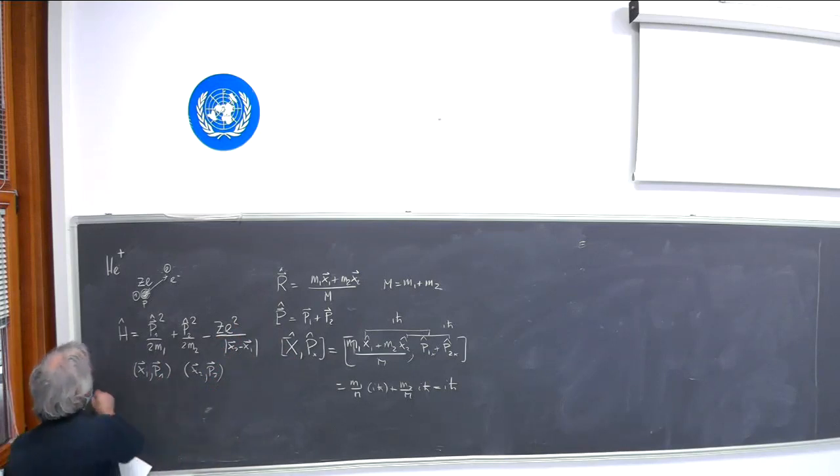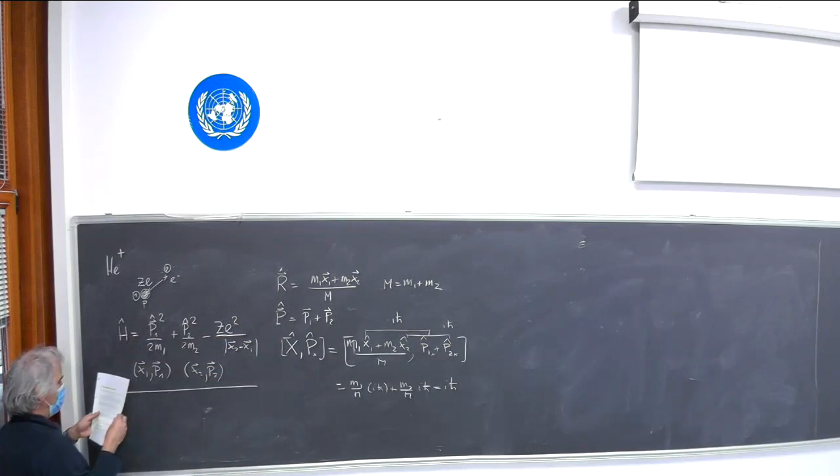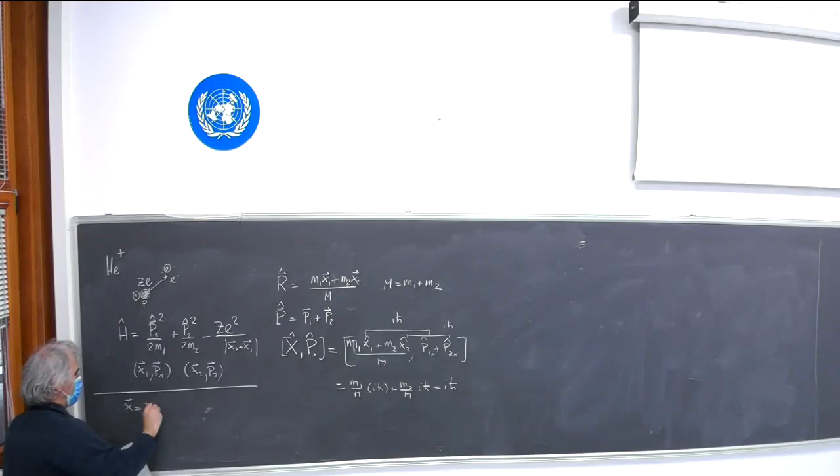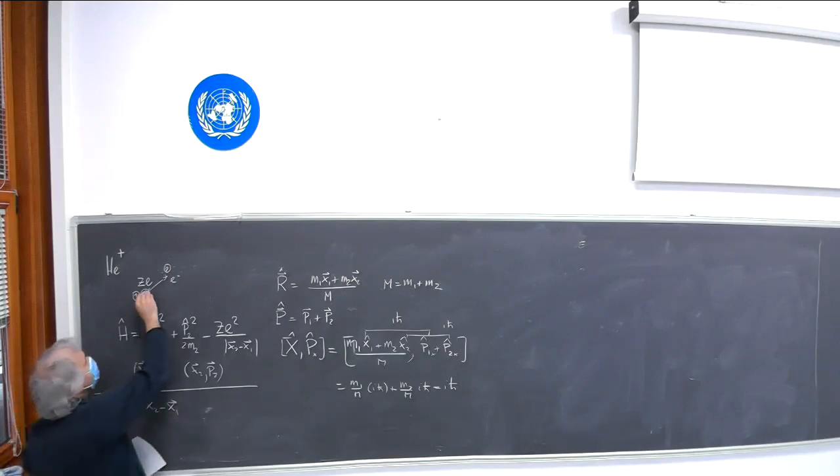Now, there is a second variable that I would like to invoke, which is the relative coordinate. So x2 minus x1. It's this coordinate here. If there is an origin, x1 and this is x2, x2 minus x1 is the arrow that I'm drawing here.